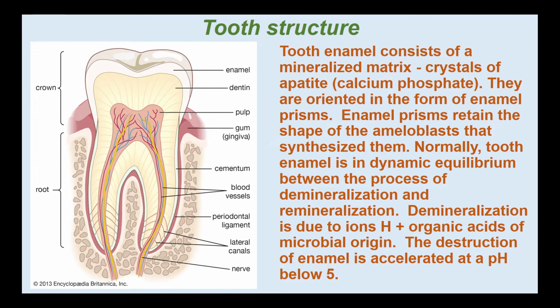Demineralization is due to hydrogen ions, organic acids of microbial origin. Destruction of enamel accelerates at a pH below 5. If pH decreases to less than 5, the risk of enamel destruction increases.